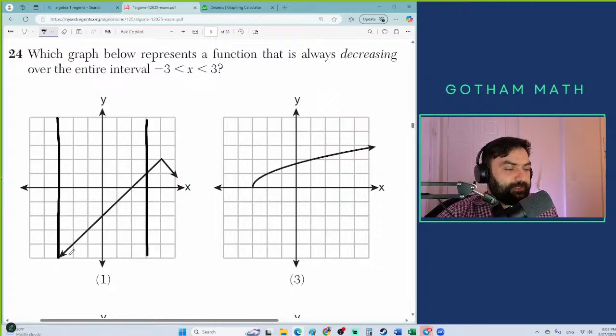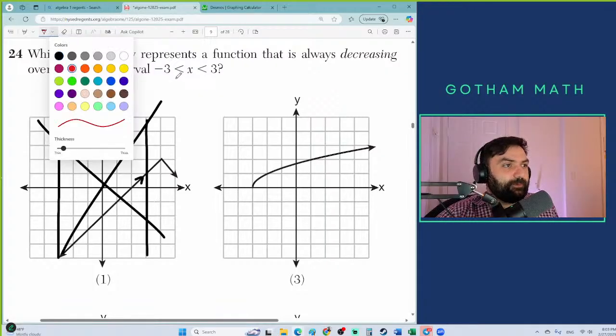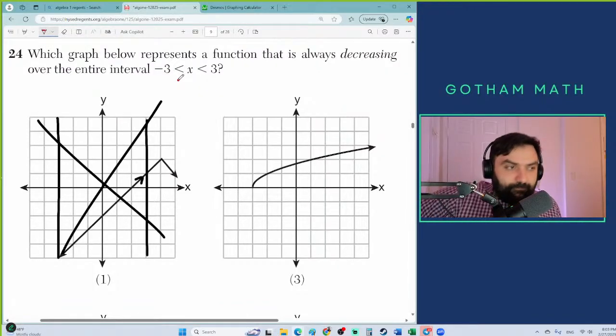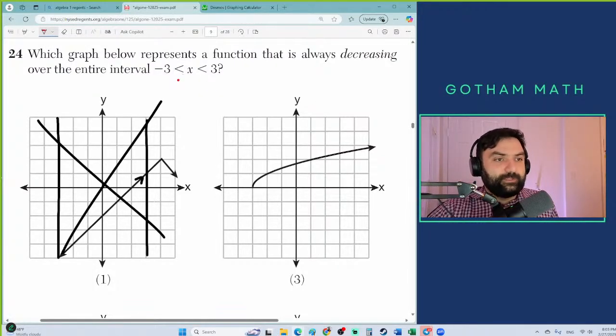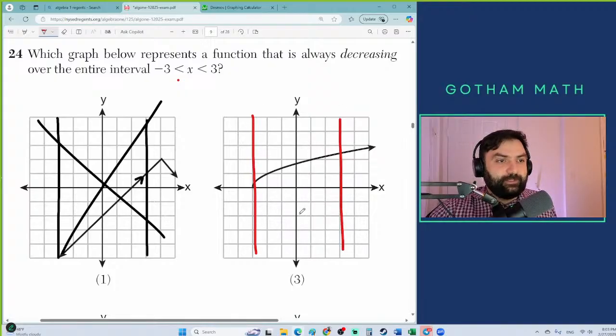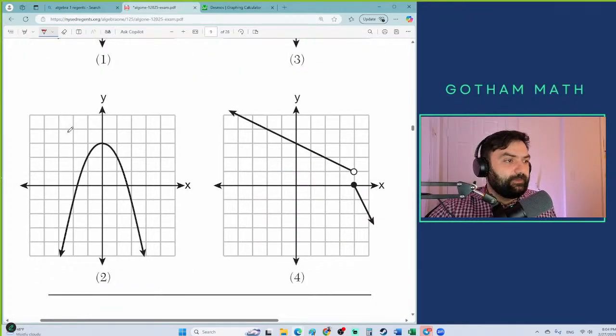Is this graph decreasing? No, it's increasing. We'll look from left to right. So no. The next one is -3 and 3, and it's increasing again. So no. -3 and 3.